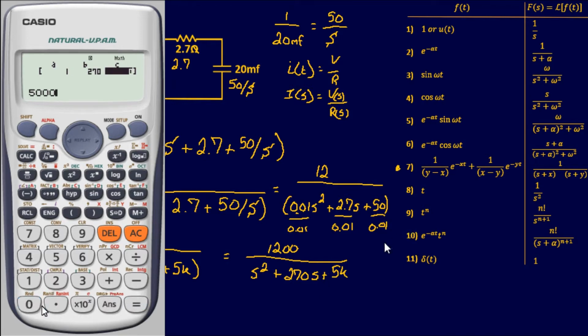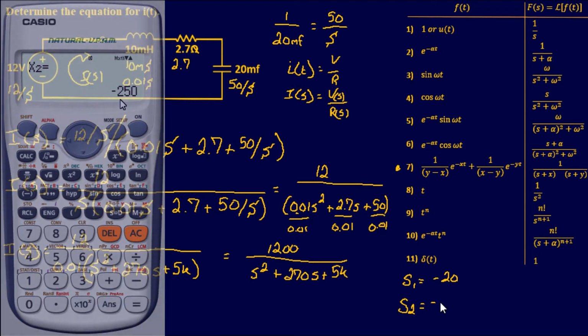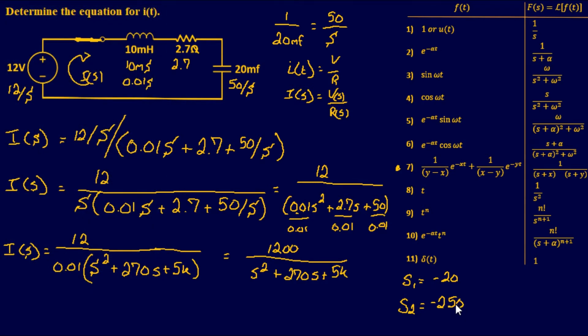So by plug and chugging in there, it's going to give me an S1 of negative 20, and then an S2 of negative 250. So in other words, our roots are going to be S plus 20, and then S plus 250. That's a simple way of finding out what your roots are going to be in your calculator without pulling out the quadratic formula. You can use the equation function and determine it that way.